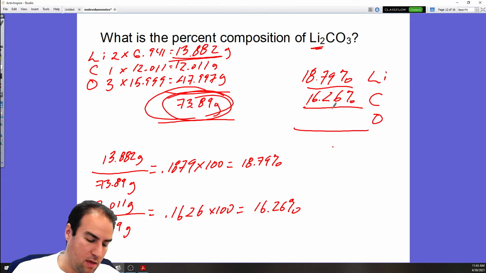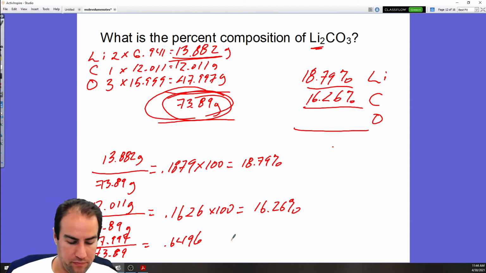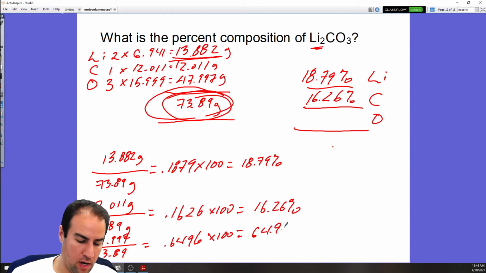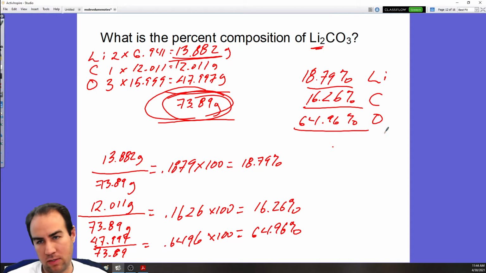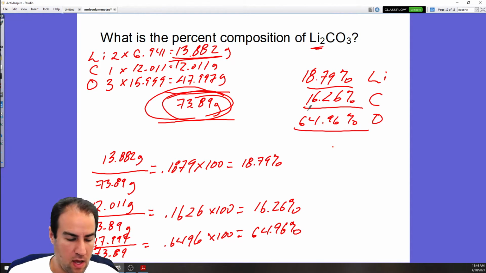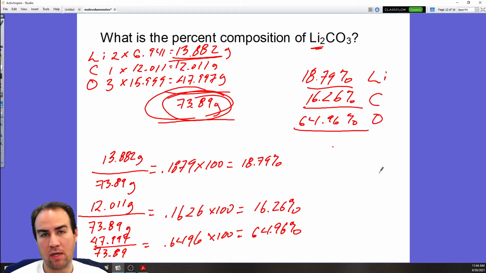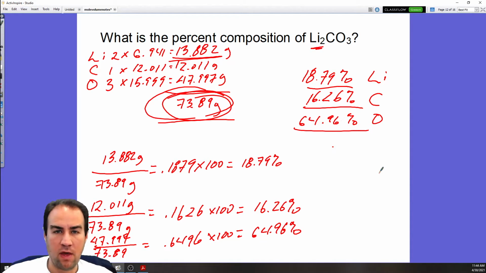And finally, the oxygen, which you can see makes up the majority: 47.997 divided by 73.89, and we get 0.6496. Multiply that by 100, and we get 64.96%. So there you go. If you add up all of those, it should be roughly 100%, telling us we did it correctly. And that is how you calculate percent composition of a compound.